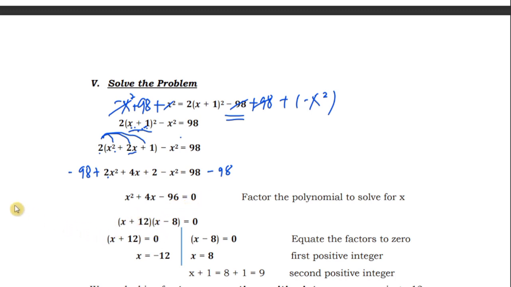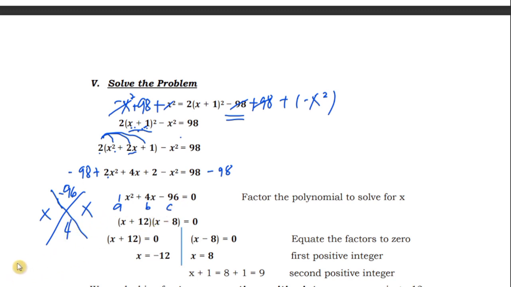After which we make use of this. Here a is 1, b is 4, c is negative 96, so we have x squared plus 4x minus 96. We need two numbers whose product is negative 96, so the sum must be 4.